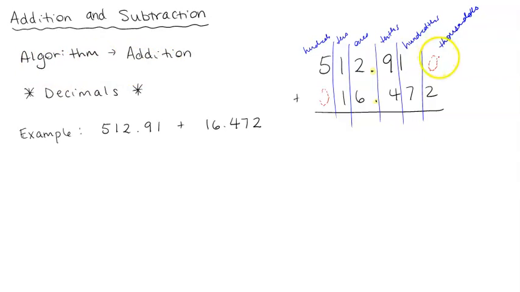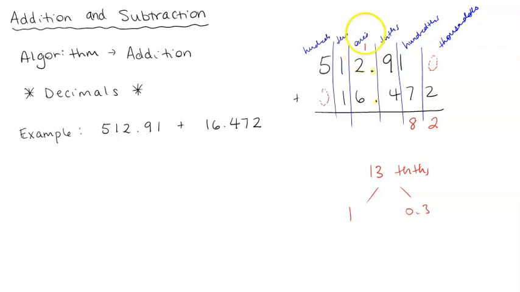So for thousandths, I've got 0 plus 2, 2 thousandths. Hundredths, I've got 8. Tenths, I've got 9 and 4, which is going to give me 13 tenths, which means that has a 1 in the ones column, because 13 tenths is the same as 1 whole and 3 tenths.